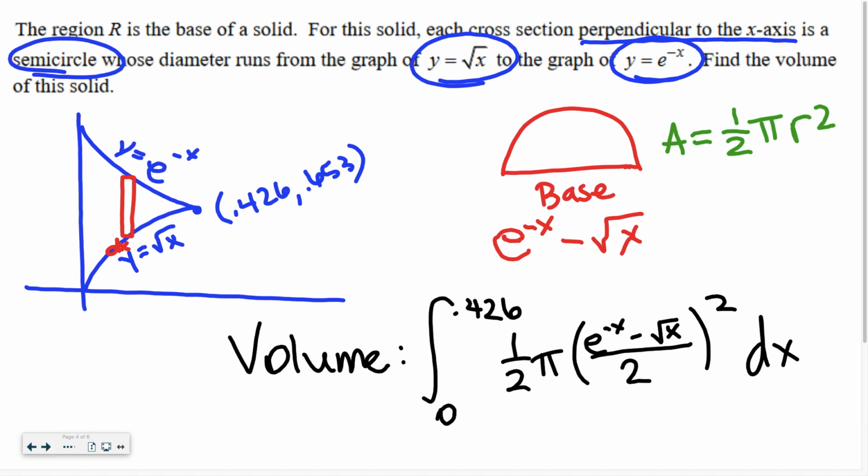What I want to see on Friday's quiz, no matter what kind of problem, is a region with a rectangle labeled either dx or dy. I'd also like to see your shape with your base label, and then obviously the setup of the problem. I'm going to be picky on Friday that the dx or dy has to be part of your integral for it to be set up appropriately. Alex, what are you getting for your volume? 0.03447.